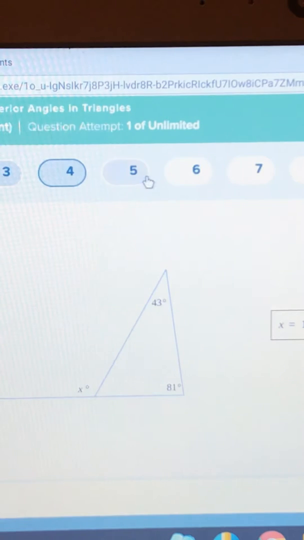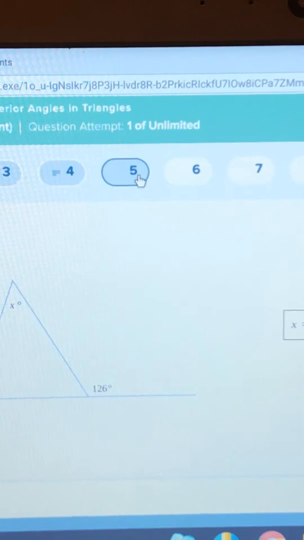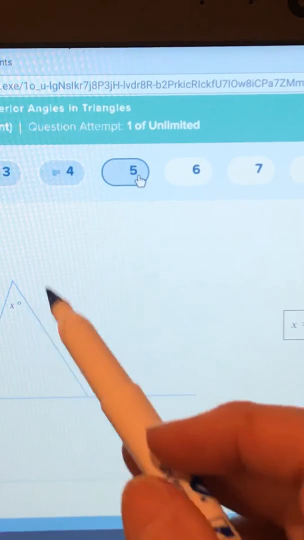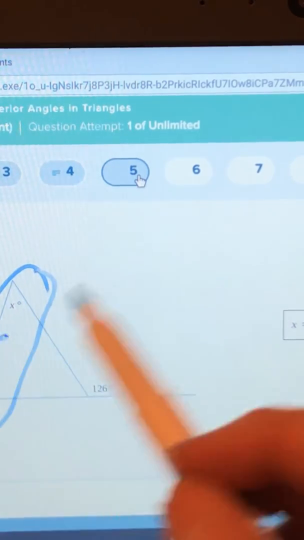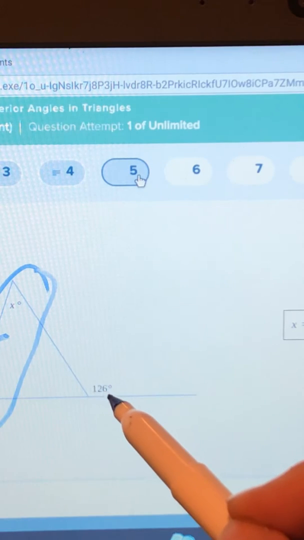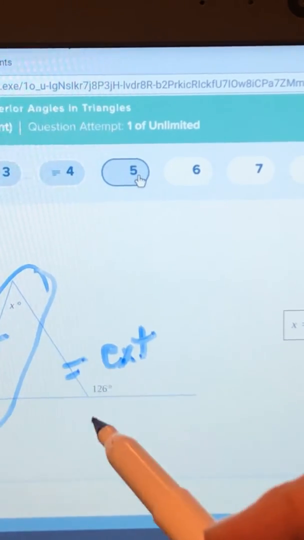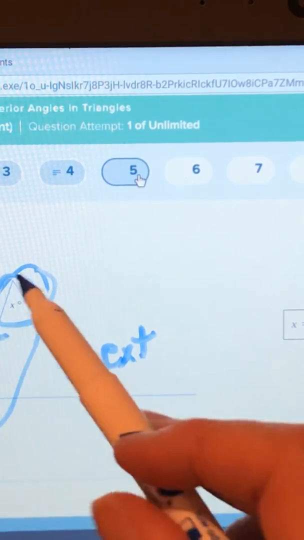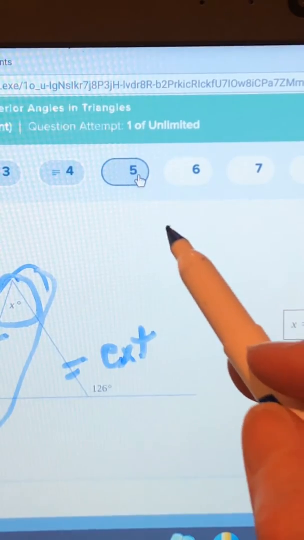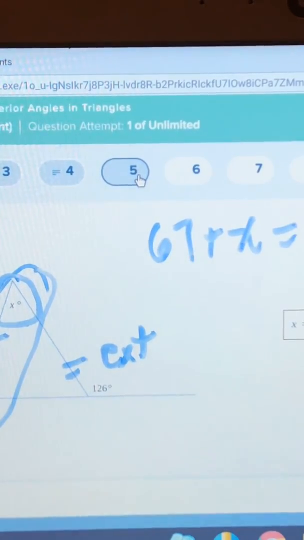All right, number 5. It'll be another question very similar. Now this time, there's my 2 remote interior angles that I'm supposed to add together to equal 126. They've given me the answer of the exterior, but they didn't give me that one. So I'm going to go 67 plus X equals 126.